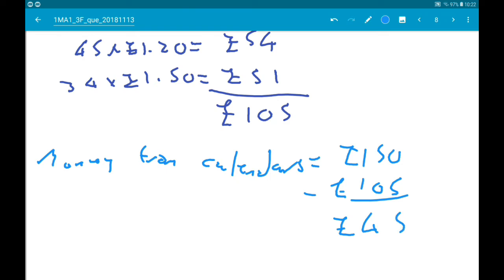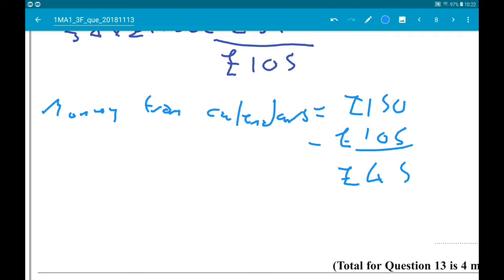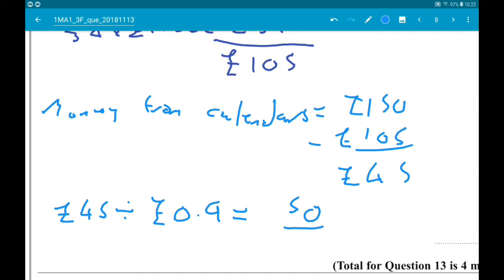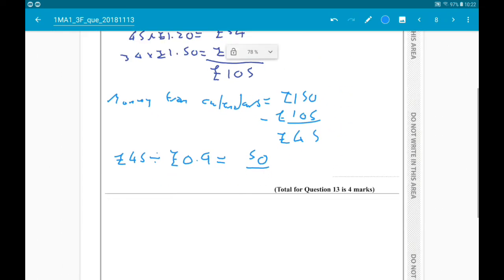So we then want to do £45 divided by 90p, so £0.9. And that is going to give us 50. So she sold 50 calendars.